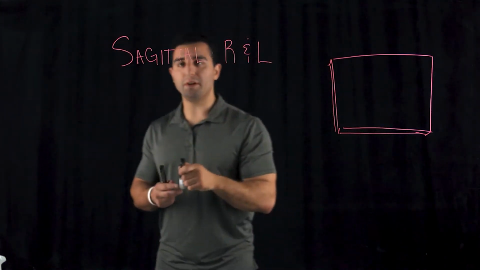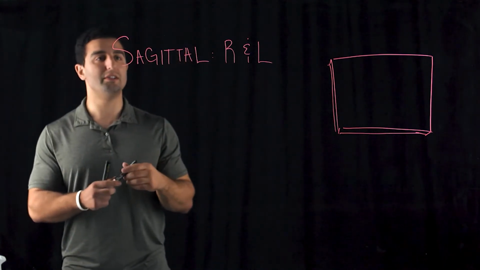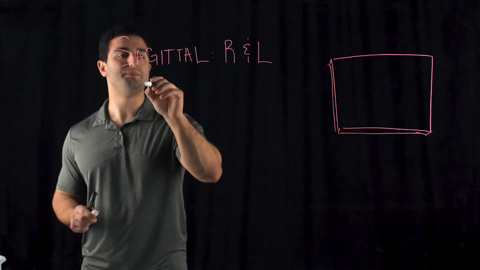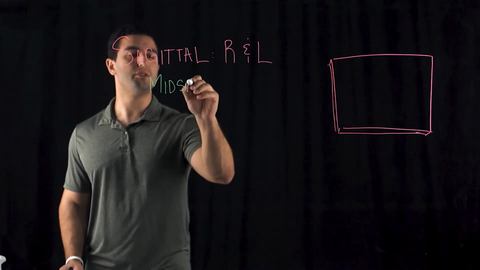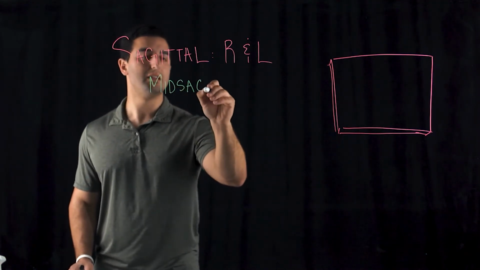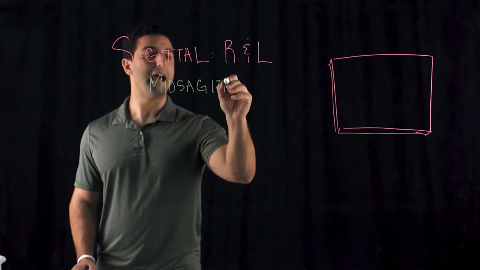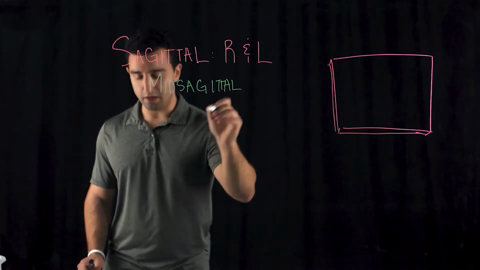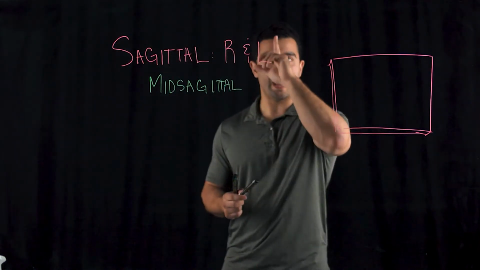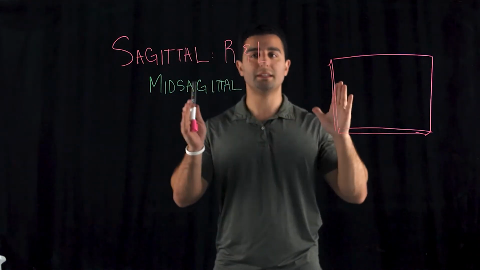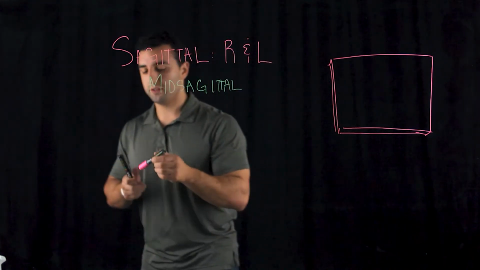There's a different type of sagittal: there's lateral and mid-sagittal. Mid-sagittal plane is referring to the sagittal cut at the midline of the body. So it's straight at the midline and it separates into right and left.